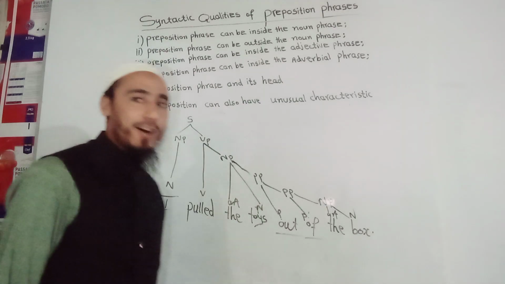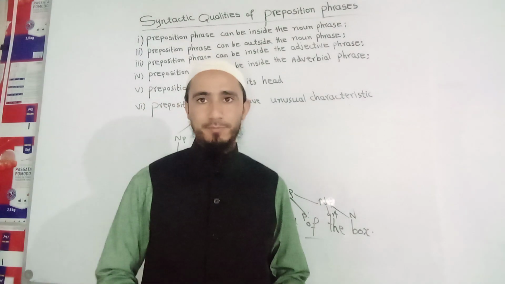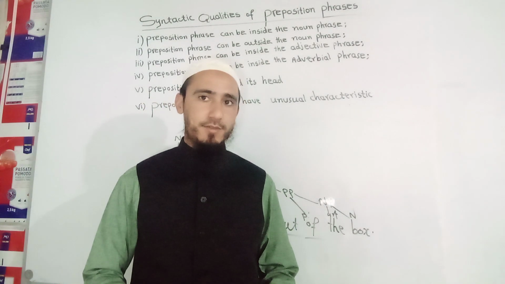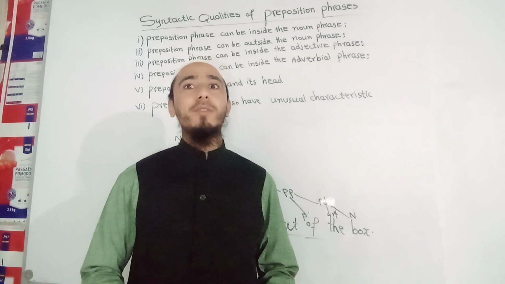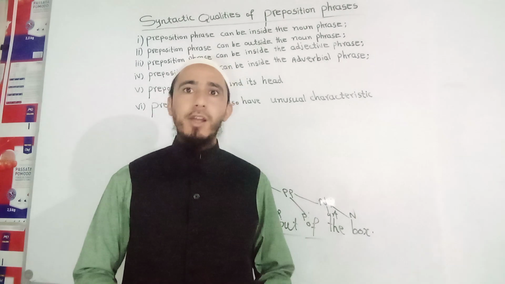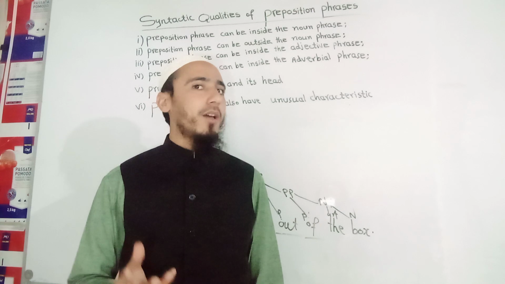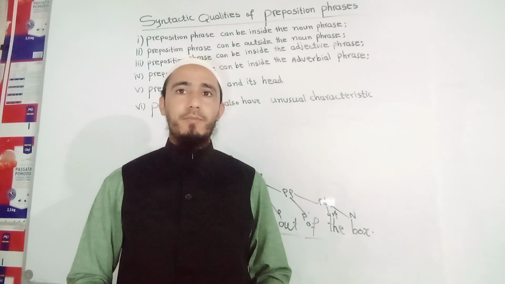that one preposition can also be followed by another preposition. Listeners and audience, the short summary of the whole lecture is: a preposition is a word which comes before a noun.